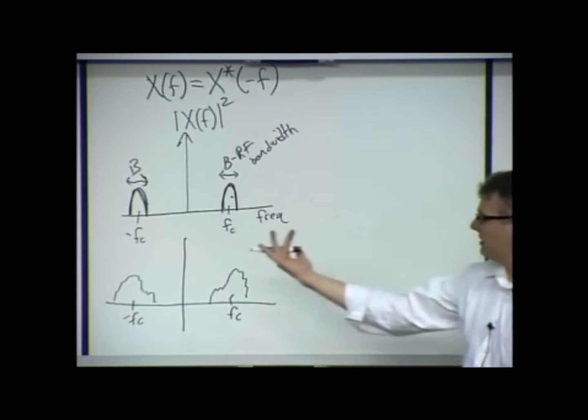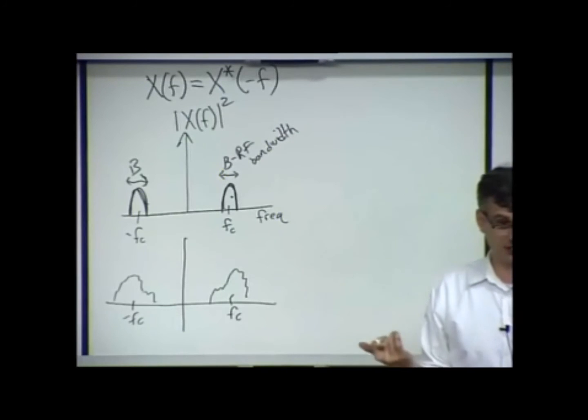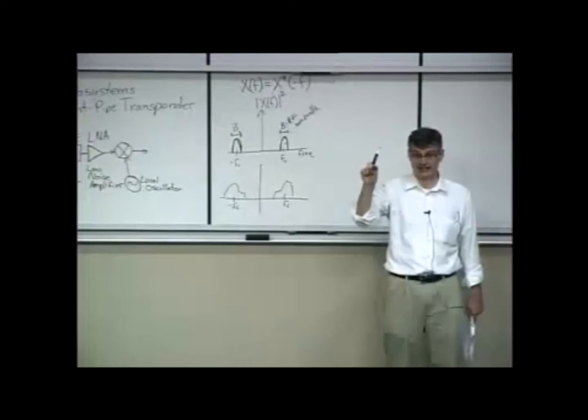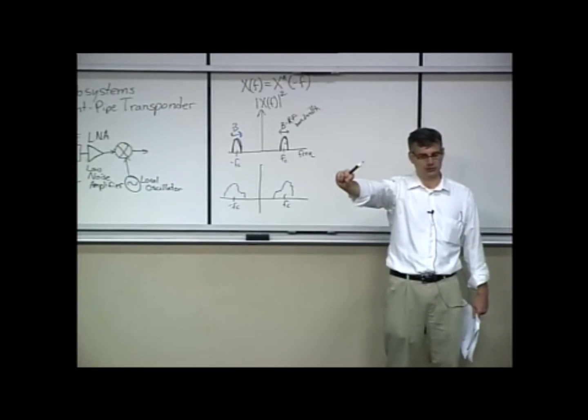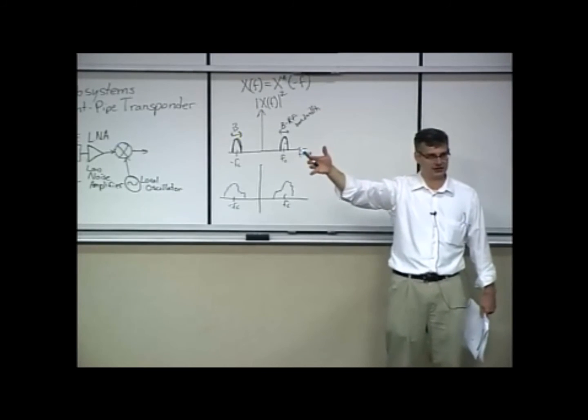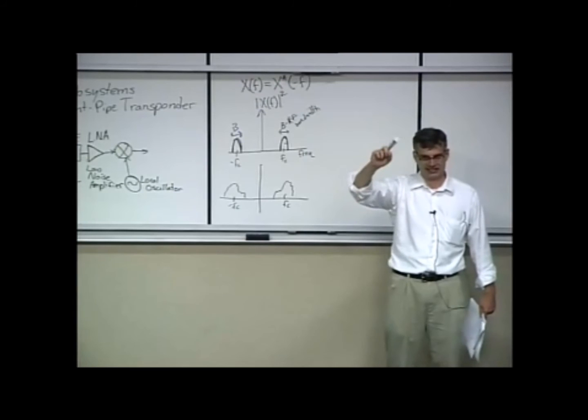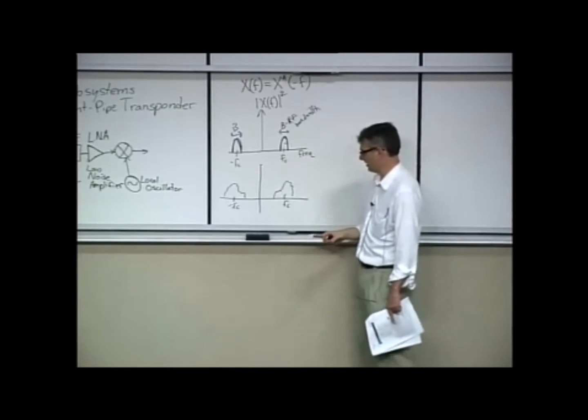It's a conjugate mirror image the way that I've drawn it because it's a real valued signal. It's a signal I can actually observe in the time domain on a real valued oscilloscope, there's no such thing as an imaginary valued oscilloscope, and I can see that signal, and that would be its Fourier transform.